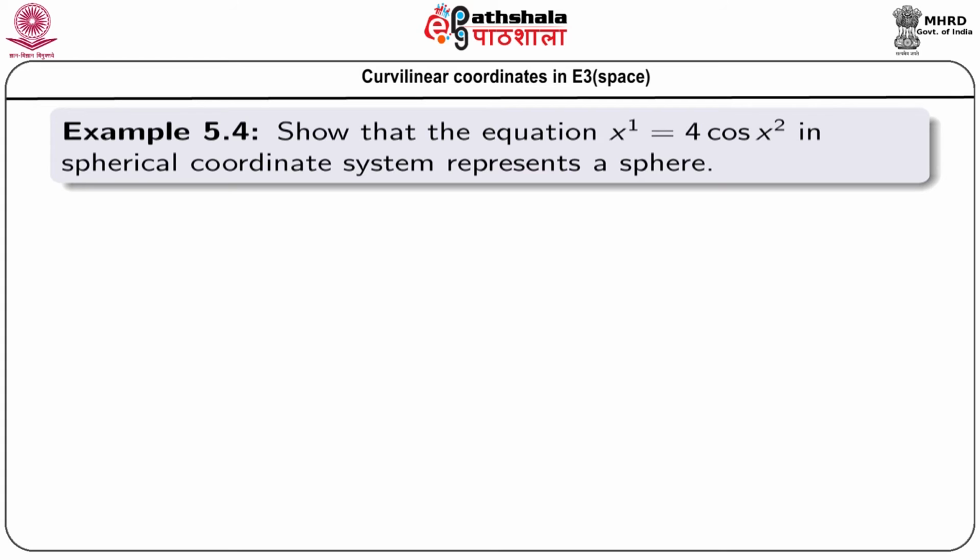Now, let us see an example where we can observe that the equation of a sphere is quite different when it is expressed in spherical coordinate system than in rectangular Cartesian coordinate system. Let us see the example.